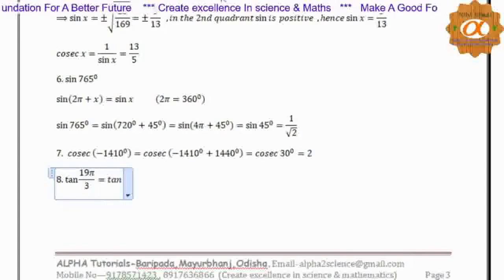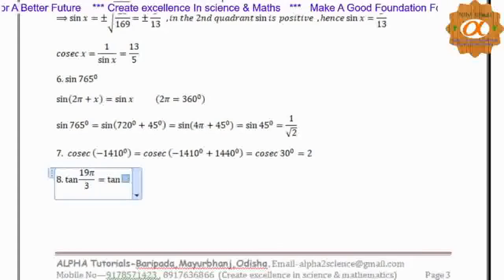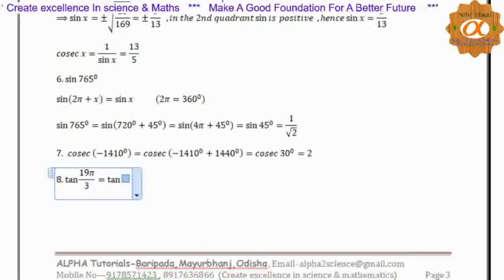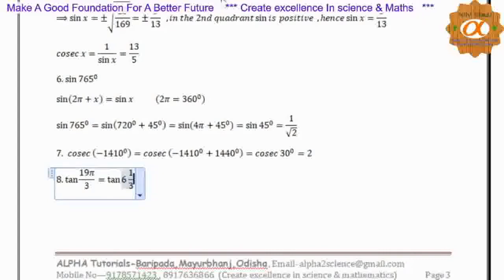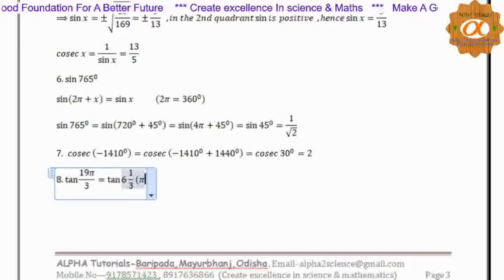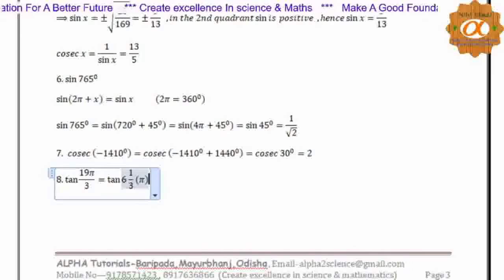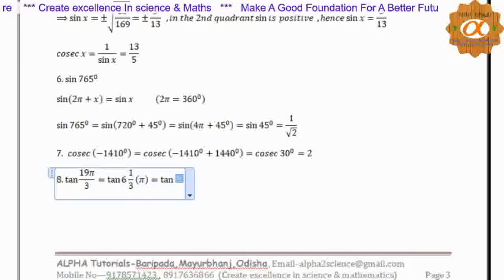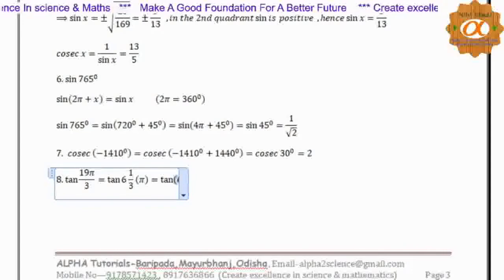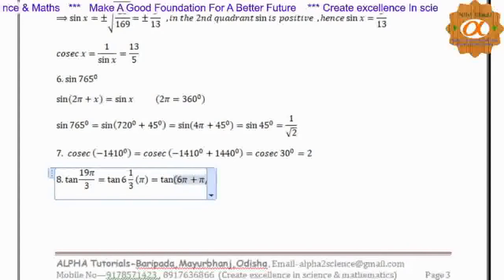Hence, we can write it as tan, dividing 19 by 3, we get it as 6 whole 1 by 3 pi, because 6 3s are 18, 18 plus 1 is 19, and I can write it as tan 6 pi plus pi by 3.